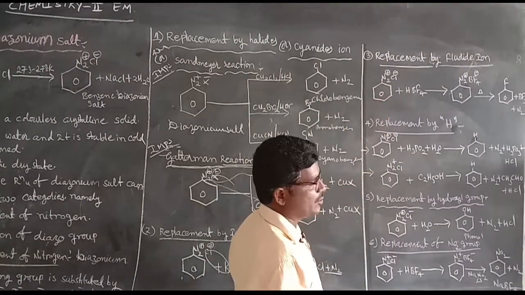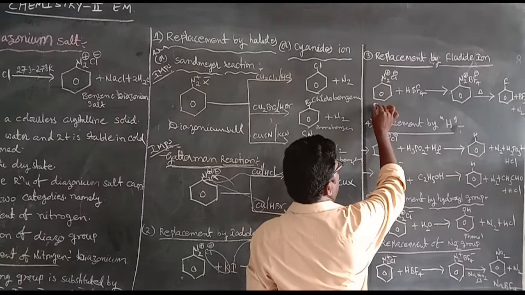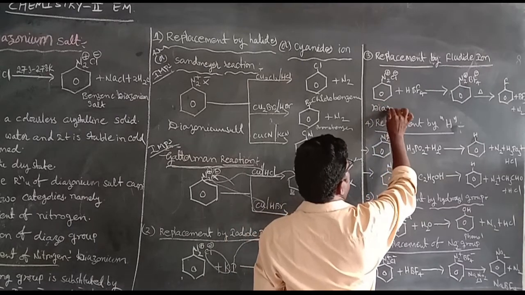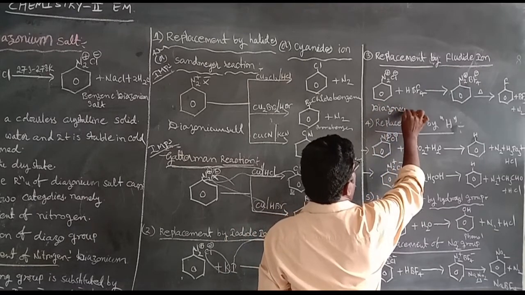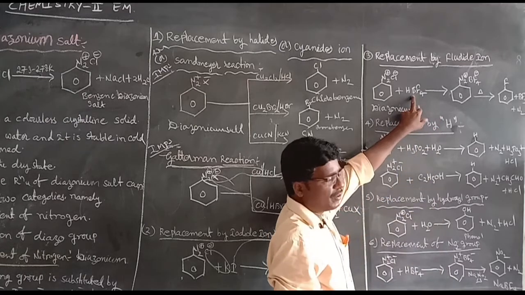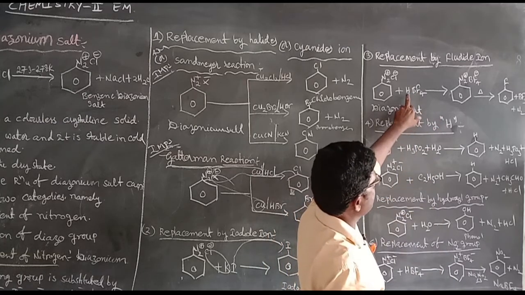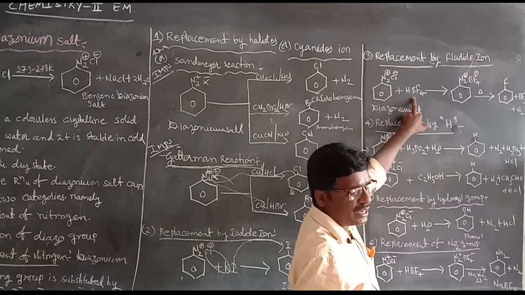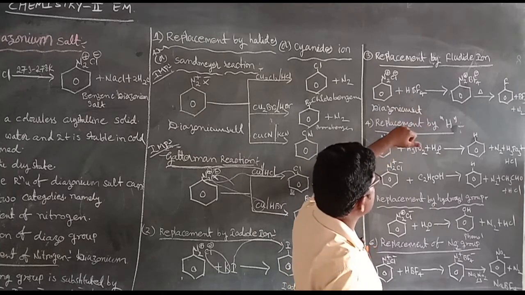Here is the benzene diazonium chloride, that is also known as a diazonium salt. Diazonium salt treated with the fluoroboric acid, HBF4, it is also called as a fluoroboric acid.